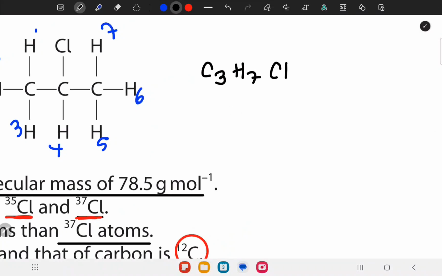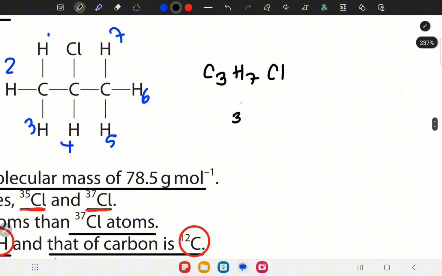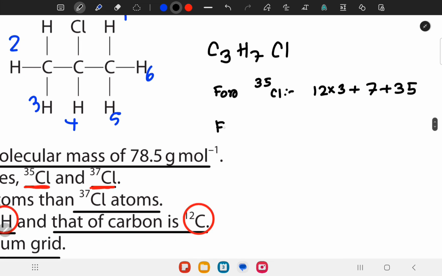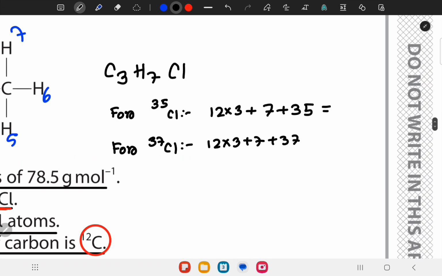The molecular mass might be, for chlorine 35, 12 times 3 plus 7 plus 35, and for chlorine 37 we'll have 12 times 3 plus 7 plus 37. This is 78, this is 80.